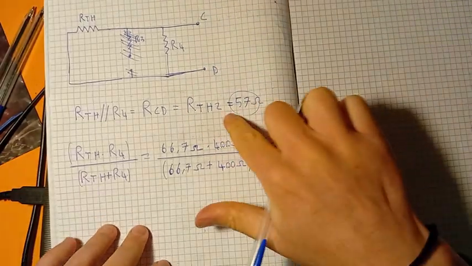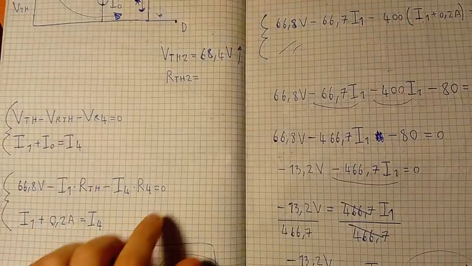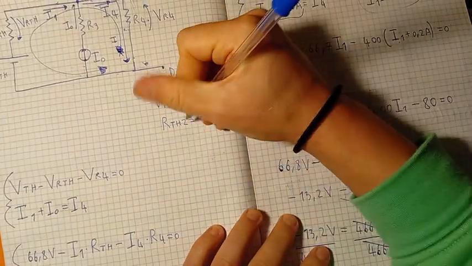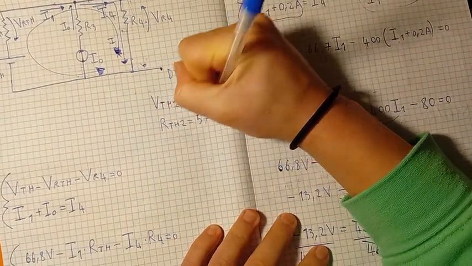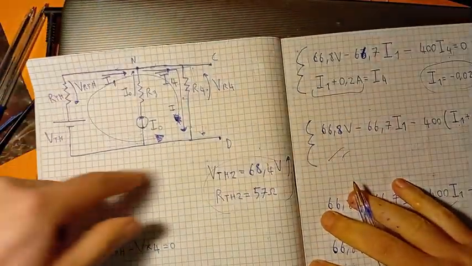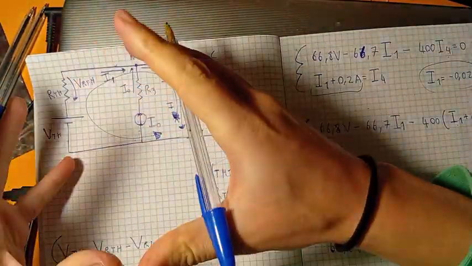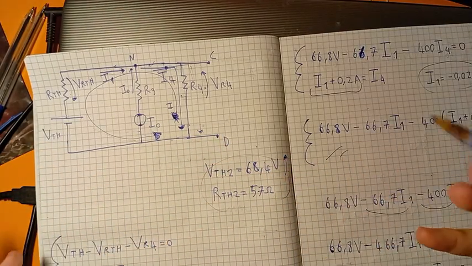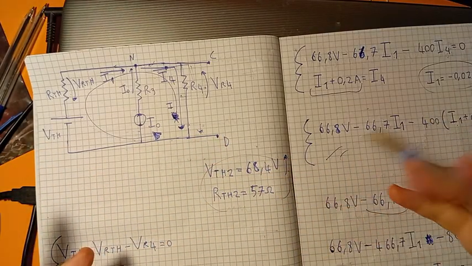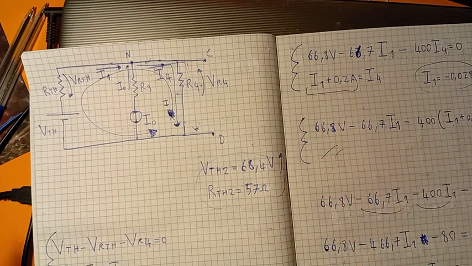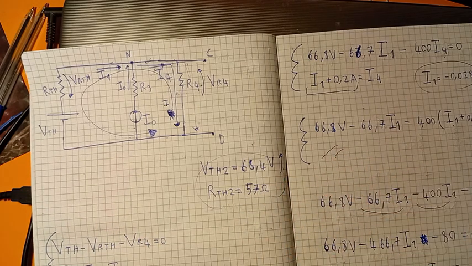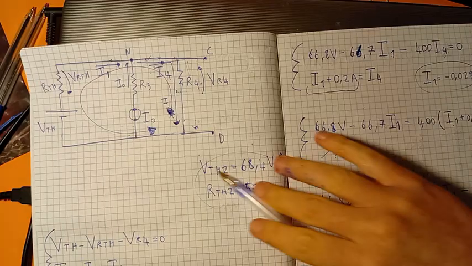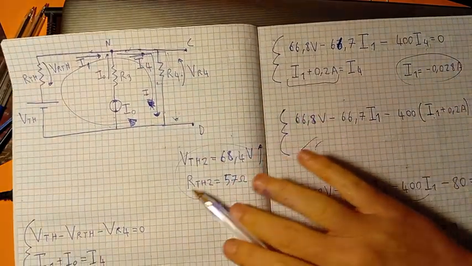So now we have found RTH2 and VTH2. So now I can transform all of this circuit in just 2 components: VTH2, a Thevenin voltage source, and a Thevenin equivalent total resistance. So let's transform all of this in just these 2 components.